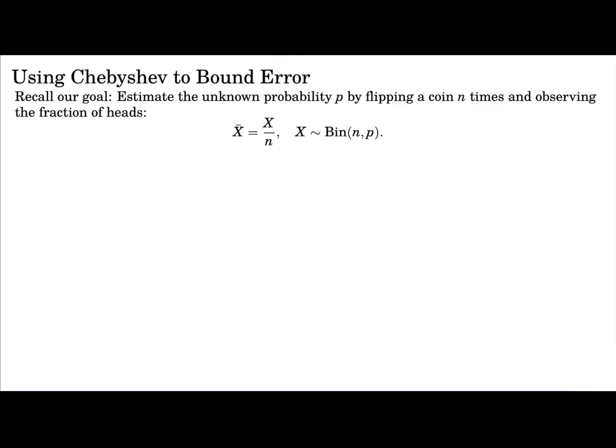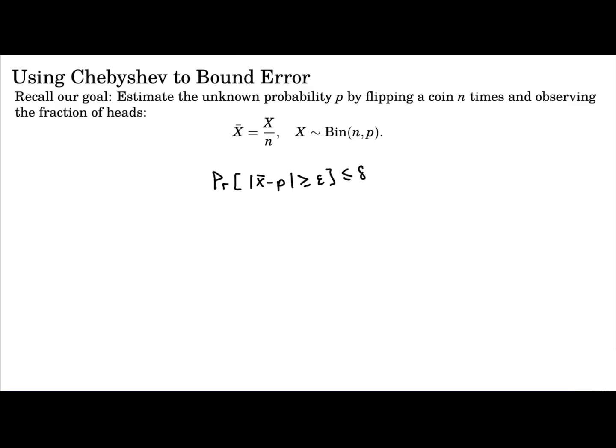We're interested in estimating p, so we would like this to be close to p. And so what we want is, what is the probability that x bar minus p is larger than or equal to some value epsilon is smaller than or equal to delta.